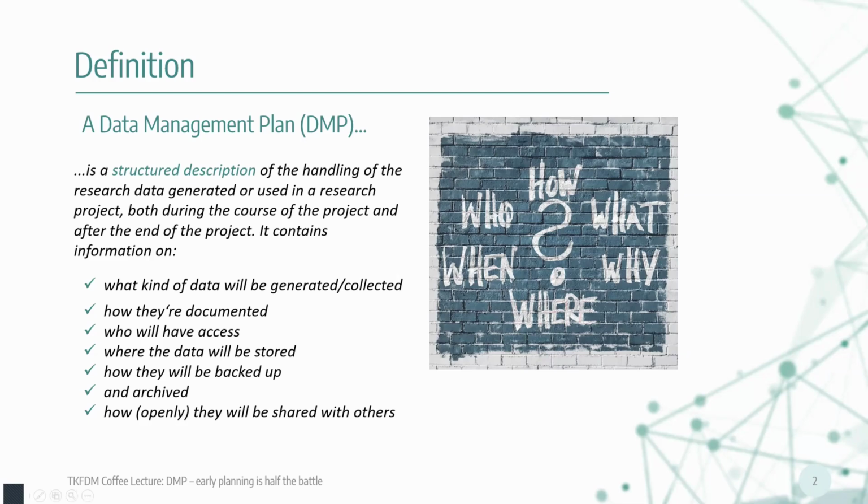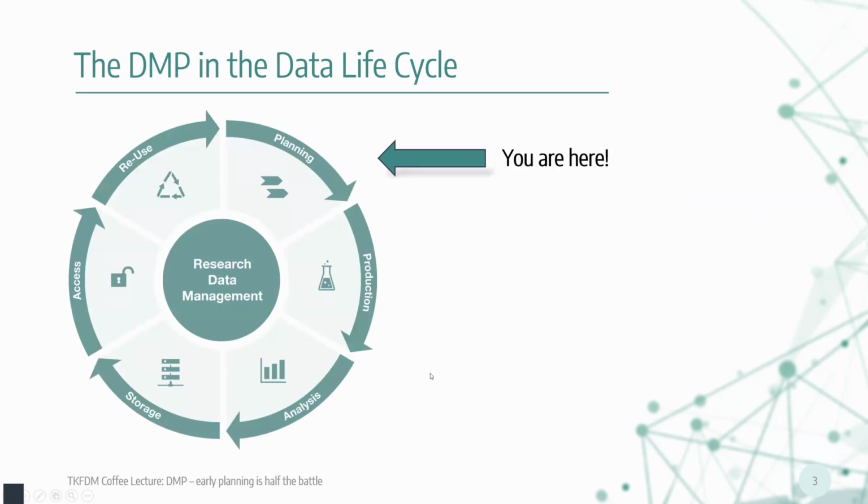Right now, though, I would like to give you an idea of where a data management plan is supposed to happen within the life cycle of research data, of the research project as well. The data lifecycle is a description of which stations research data go through within the course of a research project. The first part would be the planning of the project, proposal writing, all that sort of stuff.